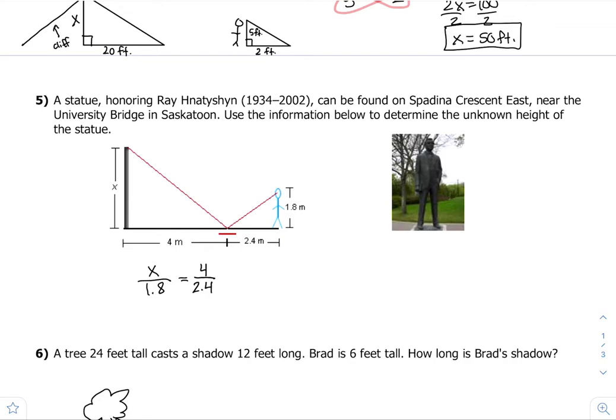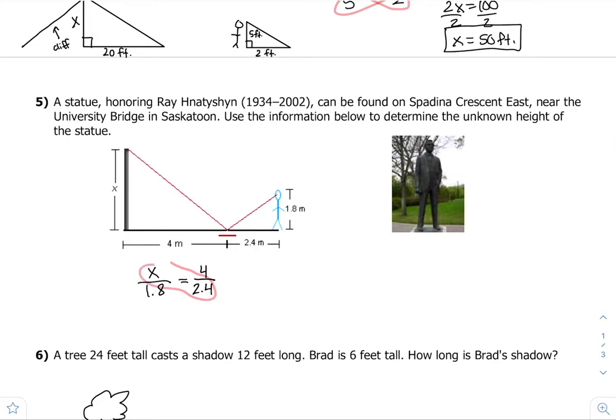Alright, we cross multiply. 2.4x equals 4 times 1.8, which is 7.2. Divide both by 2.4, and we got that the statue is 3 meters.